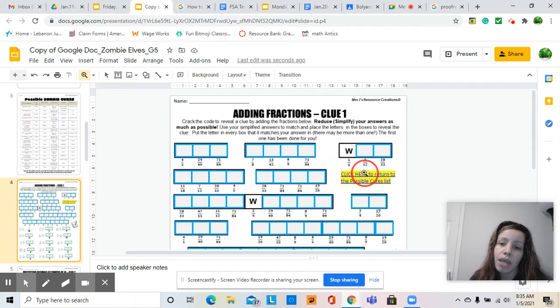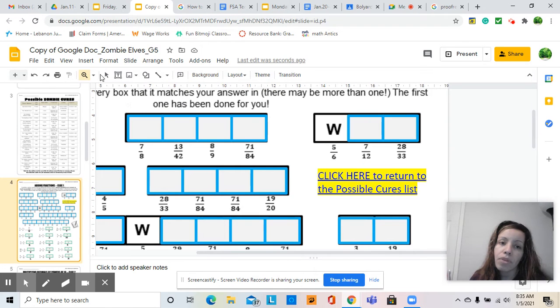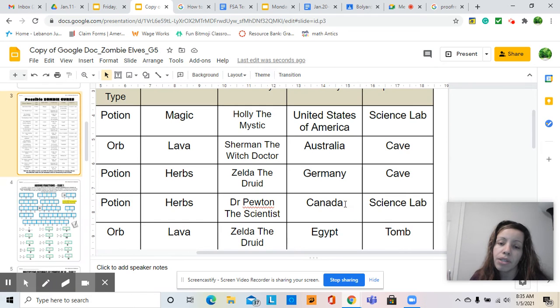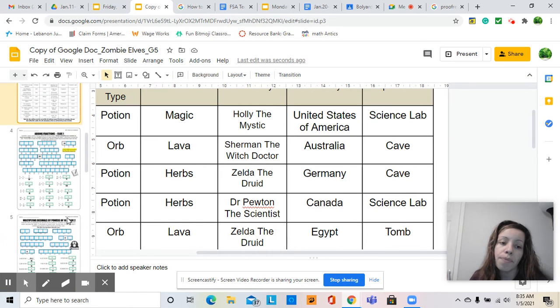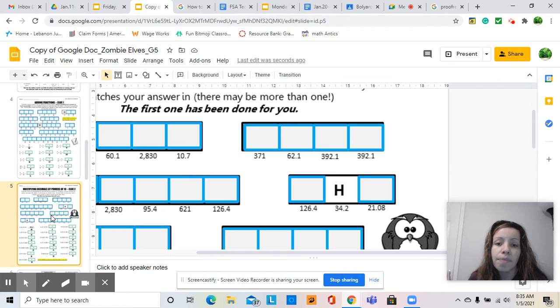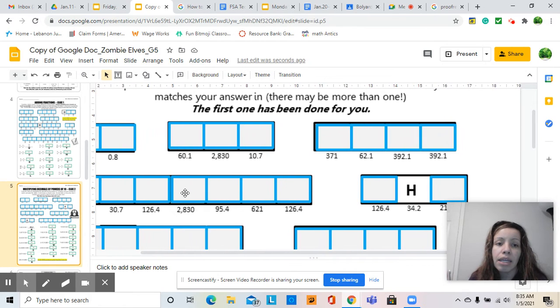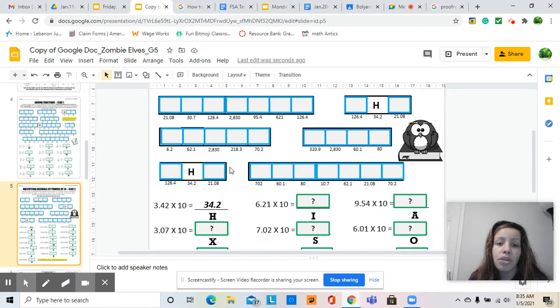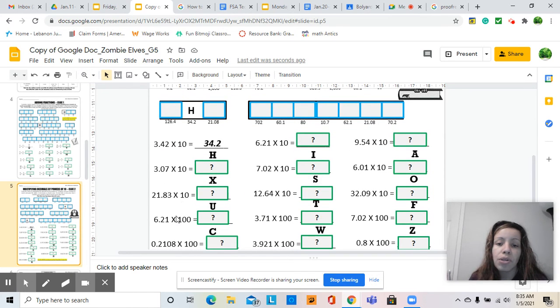in here, okay? And you can also click here to return to slide 3, which gives you all the things that you need to rule out. Then you can go here, and again, what you're going to do here is actually multiply.